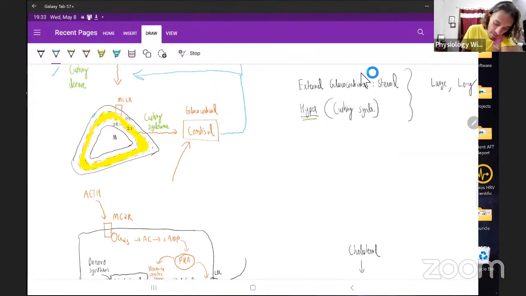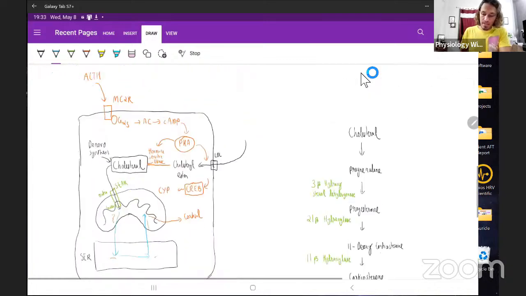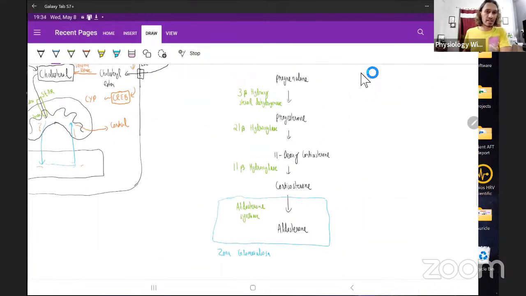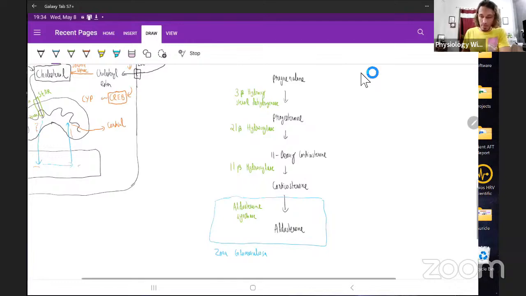So this is done over here. Okay, so that is how aldosterone is released. But that is not what we're concerned with right now. What is happening in zona fasciculata? That is what we're more concerned with. So we'll come to that.